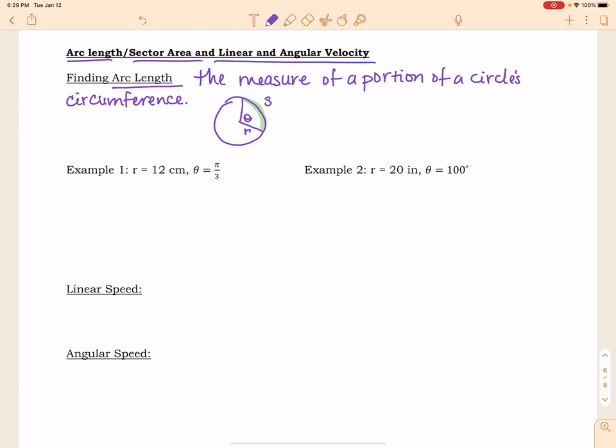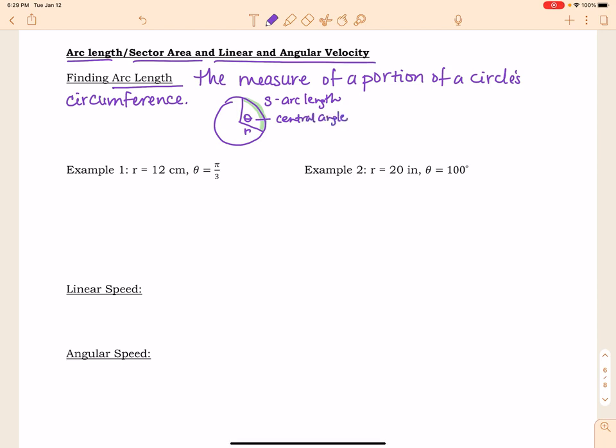call that S. That is going to represent the arc length, so I will just write that here so we'll remember it. And then of course theta represents what we call a central angle.